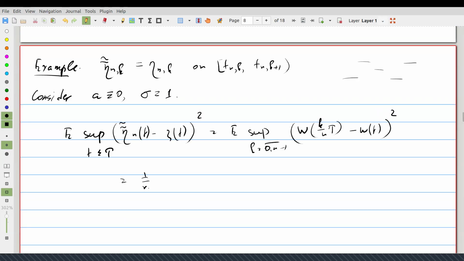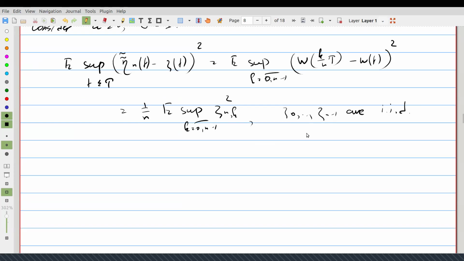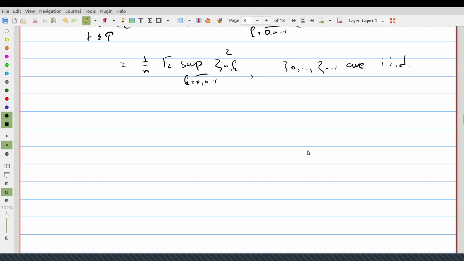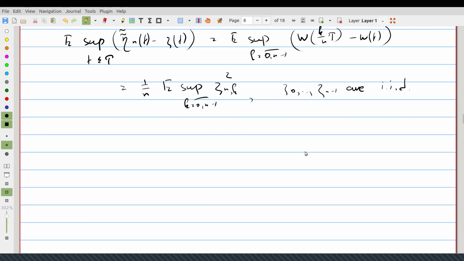which is exactly 1 over n times the mathematical expectation of psi n k squared, k from 0 to n minus 1, where psi 0, ..., psi n minus 1 are identically distributed because the Wiener process is stationary, and independent because increments of the Wiener process are independent on disjoint intervals, and they're Gaussian.